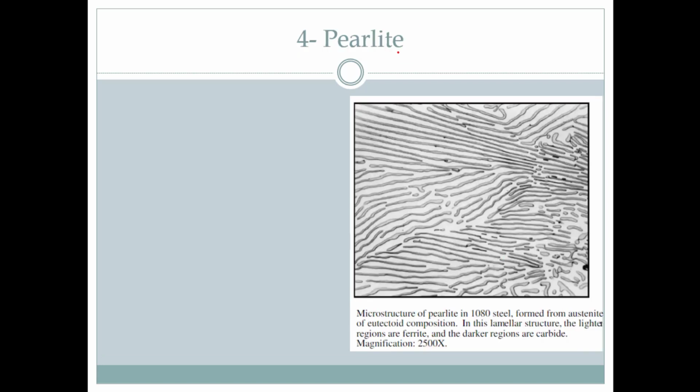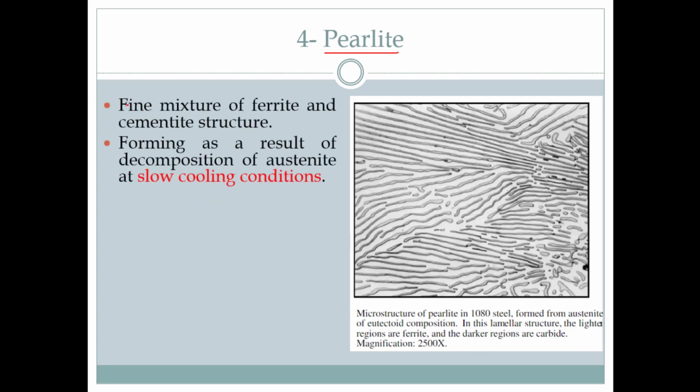Another phase is pearlite. This is a fine mixture of ferrite and cementite, Fe3C, iron carbide, forming as a result of the decomposition of austenite under slow cooling conditions.